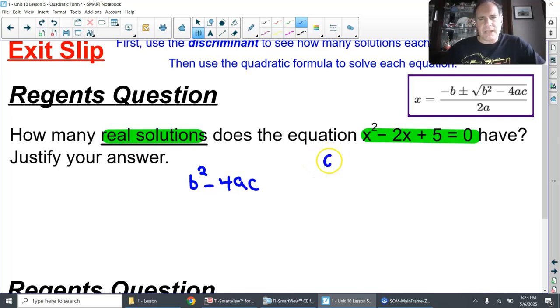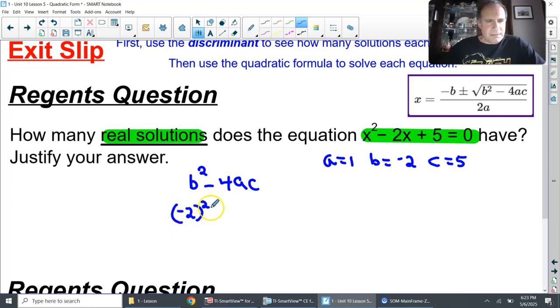So we are going to put a equals 1, b equals -2, and c equals 5. So we're just going to substitute that in as -2. We're going to put that squared minus 4ac, 4 times 1 times 5. And let's see what that comes out to be.